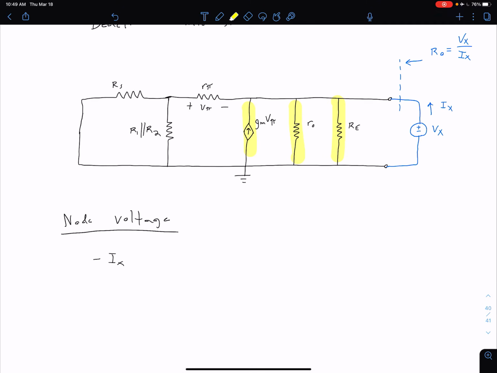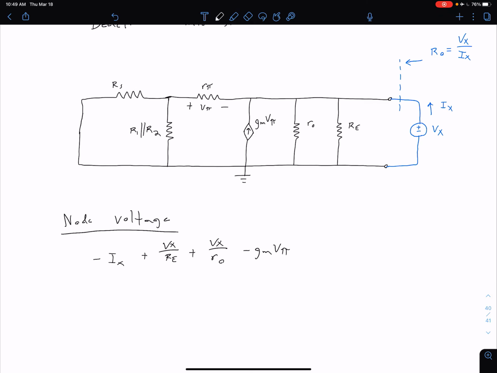Of course, we're not really concerned about it on that dependent current source, but we have it across those two resistors. So we have some current Vx over Re plus Vx over R naught. And then our dependent current source still has negative Gm V pi.